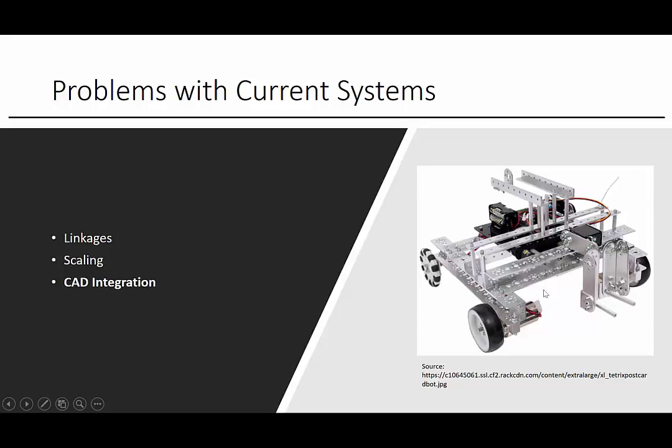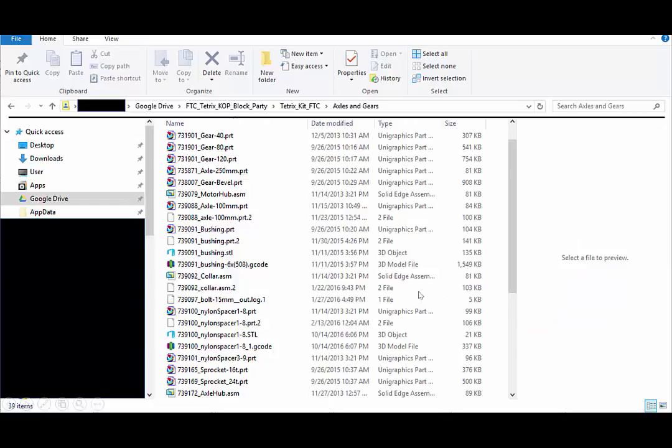Many of these components, while they're getting better, are not easily accessible in CAD software, and it can be really hard to have an idea of what is going on in your robot if you don't have it modeled in CAD. If you just look at this, this is a screenshot of the file with all of the parts in it from the Tetrix directory. It's a mess, and I can't tell what's going on.